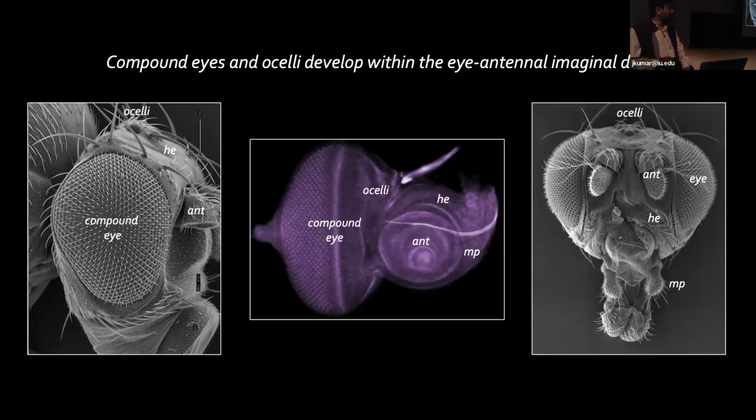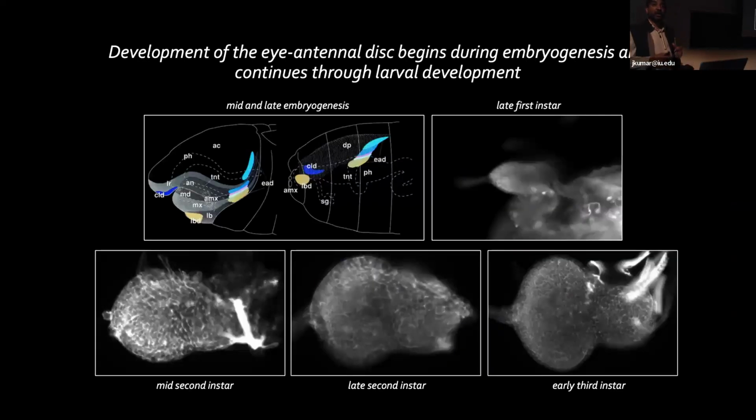Now, this disc arises during embryogenesis, where cells from about 6 different embryonic head segments sublime themselves together, forming one entire structure. As that embryo hatches into a larva, you get this teardrop-like structure that forms the eye antennal disc. If you look at gene expression profiles, they're basically uniform through the entire tissue, as I'll show you in a few slides.